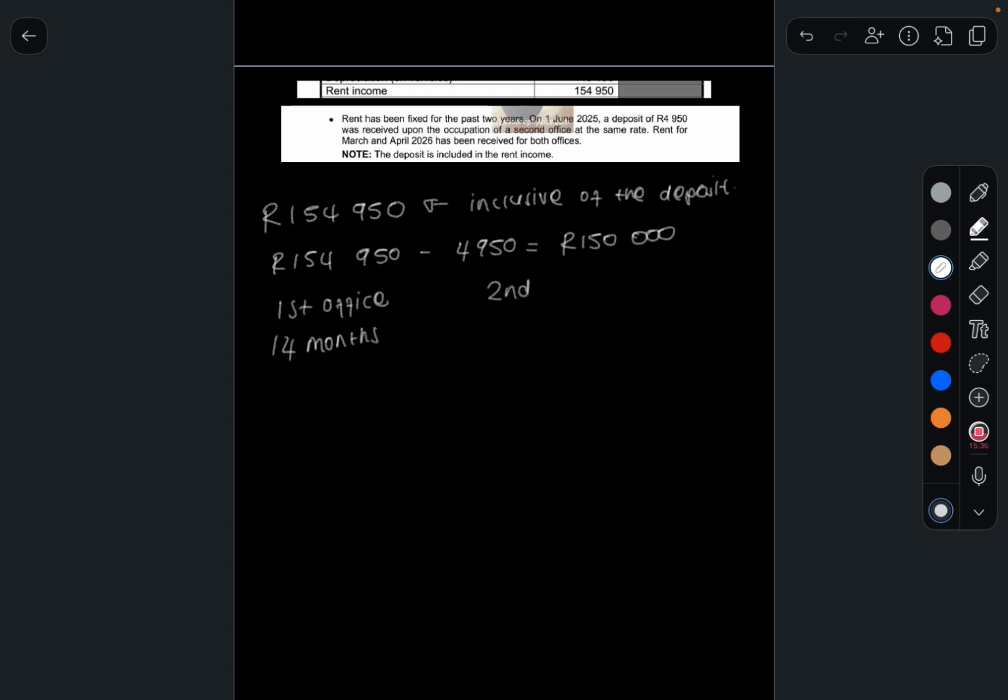The second office was rented in June, right? So June, July, August, September, October, November, December, Jan, Feb, and March and April, right? It's out of our this year's capacity. However, we have to include it because this money, the 150,000, consists of it.